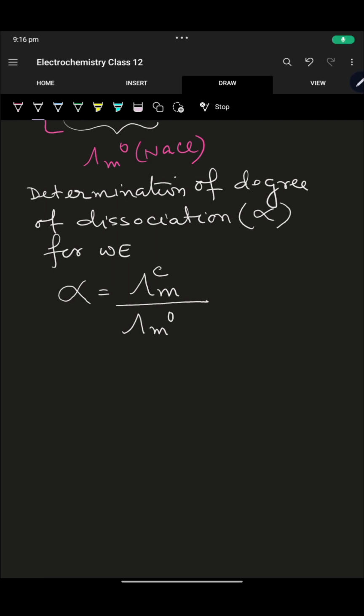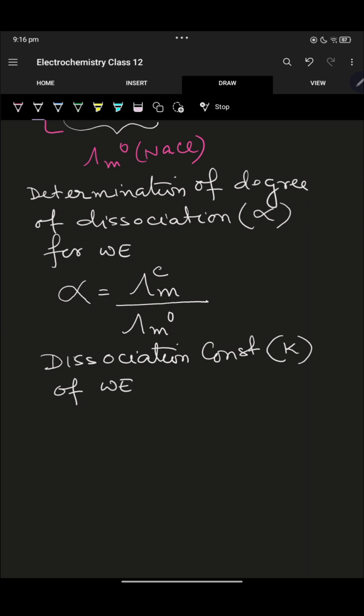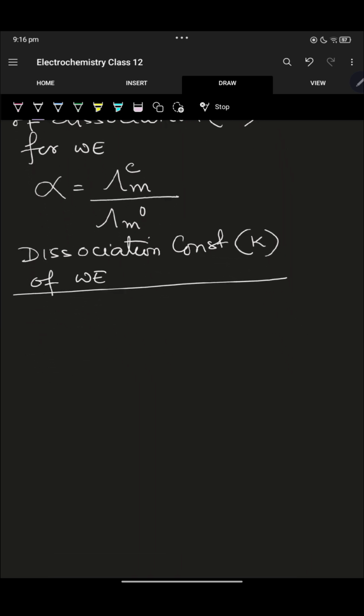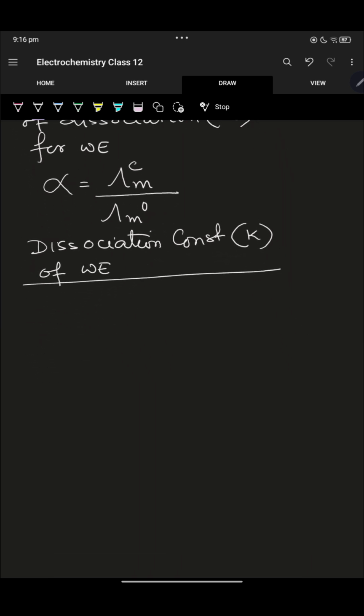Next is the determination of the dissociation constant K of a weak electrolyte. This is another application. If alpha is the degree of dissociation, then K for a weak electrolyte is C alpha square by 1 minus alpha.